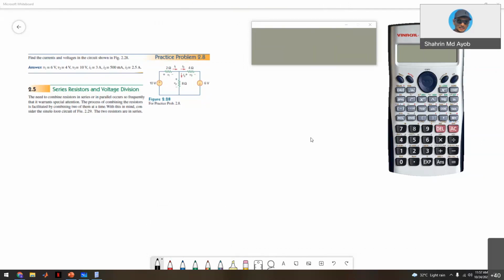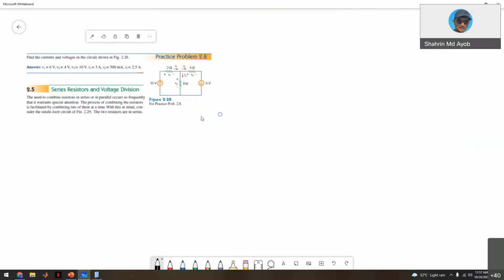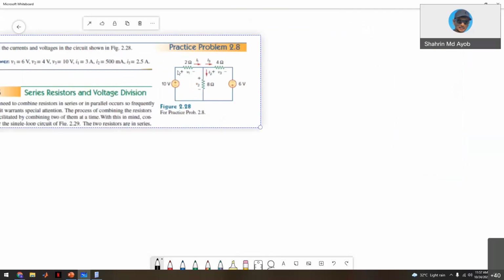Find the current and voltage in the circuit shown below.